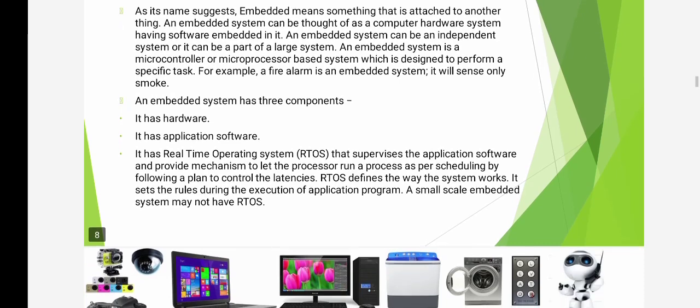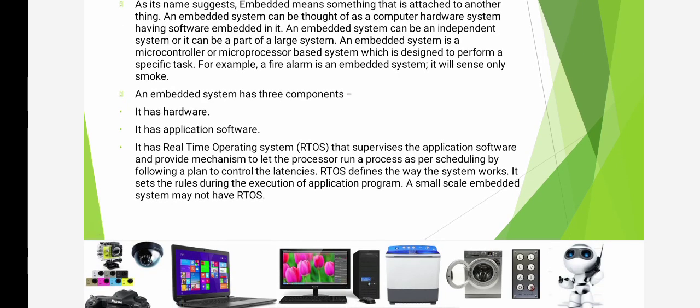An embedded system has three components. It has hardware, it has application software, and it has a real-time operating system that supervises the application software and provides a mechanism to let the processor run processes as per scheduling, by following the plan to control the latencies.